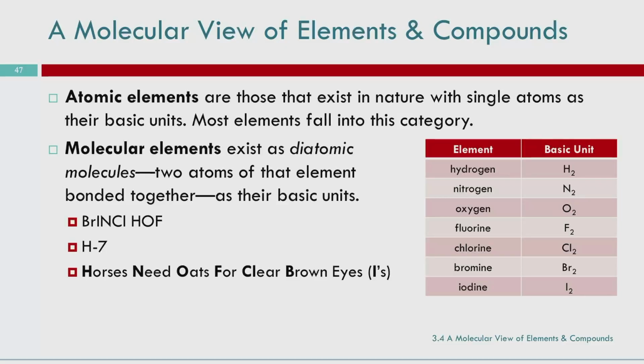There's lots of ways that we can separate or group our types of chemicals. One of our types of chemicals is elements, things that show up on the periodic table. Not all of these show up with an atom, a single one of those things, the smallest unit, by itself.